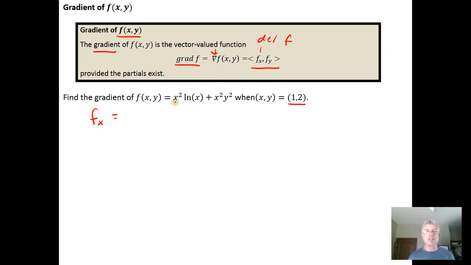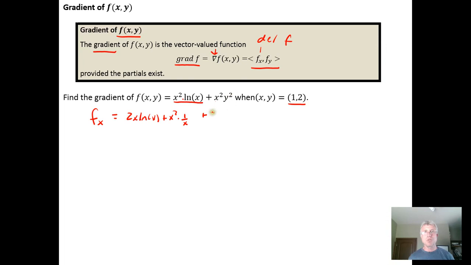So I'm going to need to calculate the partial derivative with respect to x of x squared times the natural log of x. I'll need to use the product rule on that. So I'll get 2 times x times the natural log of x plus x squared times the derivative of the natural log, which is 1 over x, plus I have x squared times y squared. The y squared we're going to hold as a constant coefficient on x squared when we take the derivative with respect to x.